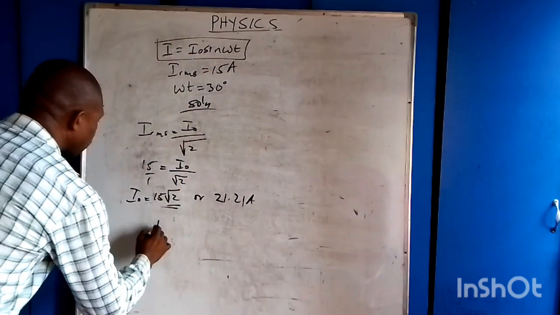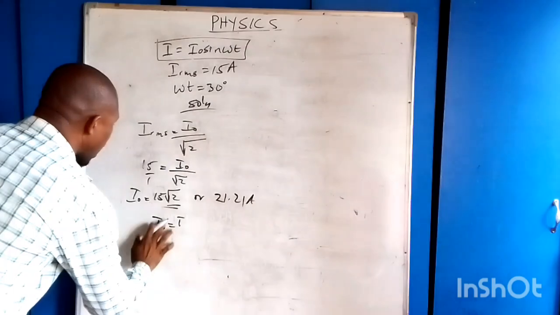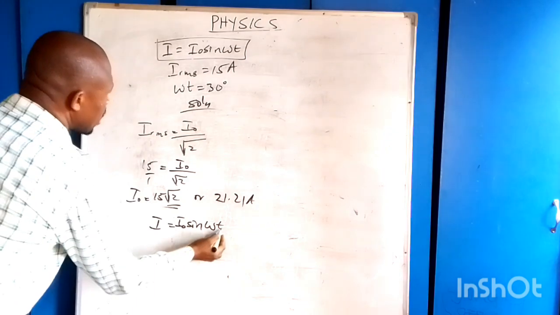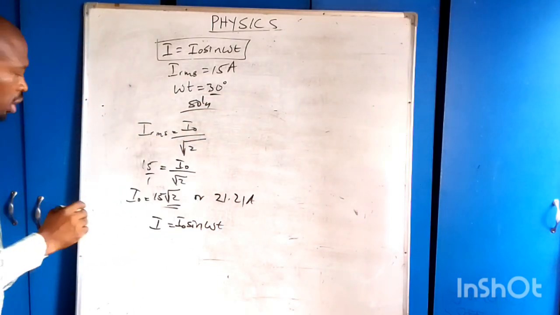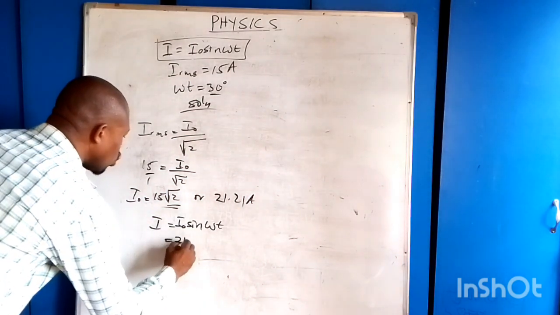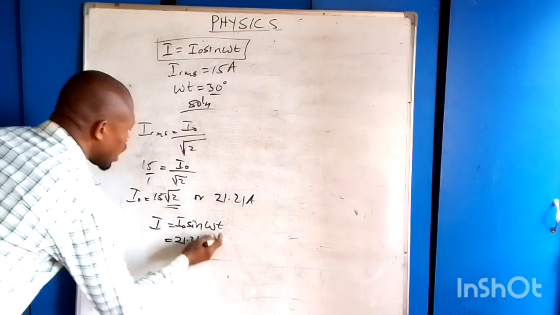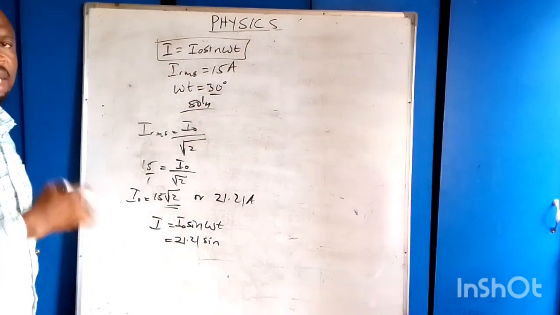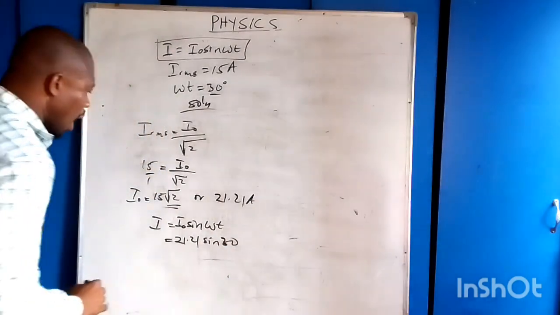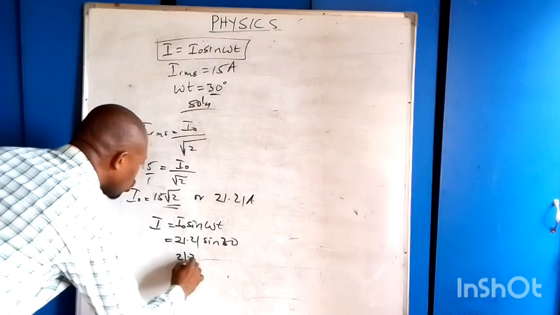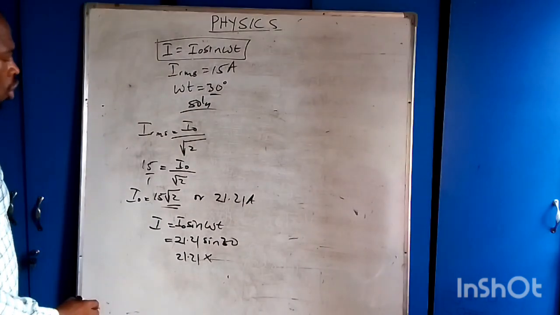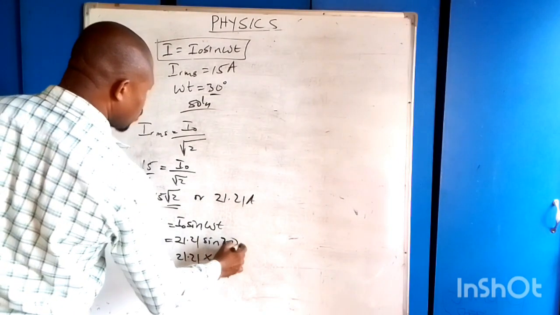If we bring it here, we now have that I is equal to I naught sine omega t. Remember this omega t is given to be 30 degrees. Here we have our I naught, having gotten it to be 21.21. So we have 21.21 sine omega t, and omega t is 30 degrees. So we'll now have 21.21 times sine 30. And of course, you know that sine 30 is 0.5.